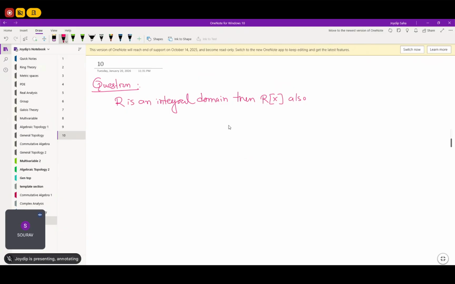No, not if R is a field, then Rx need not be a field. Why? Your answer is right. Now why?